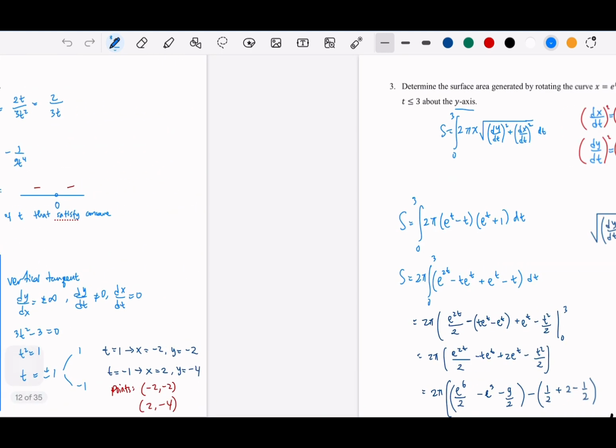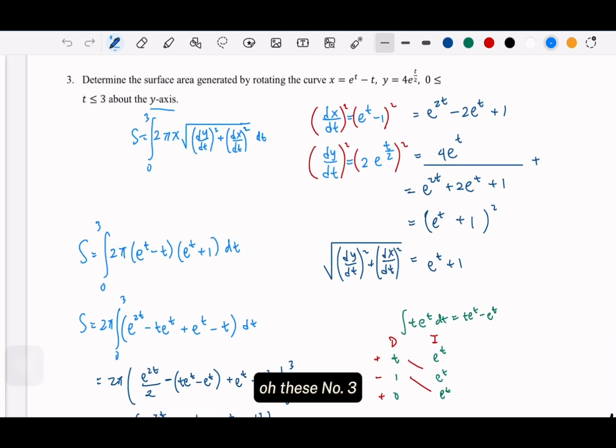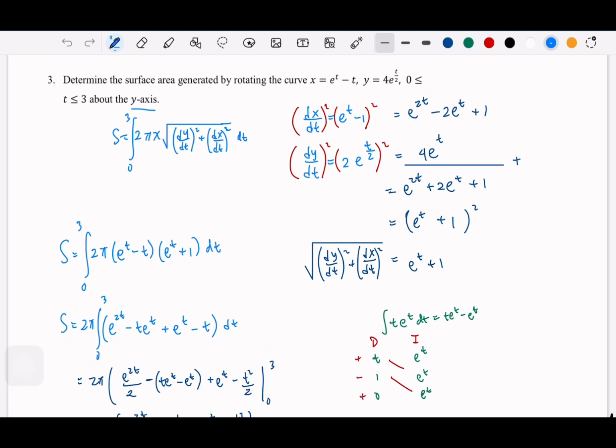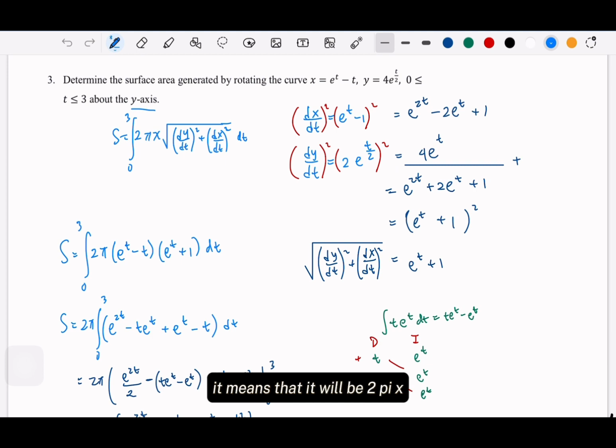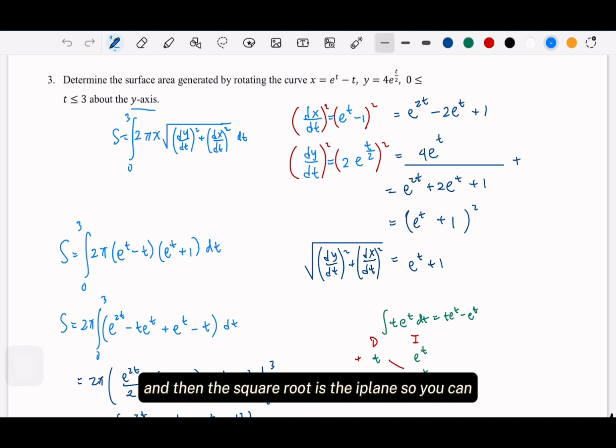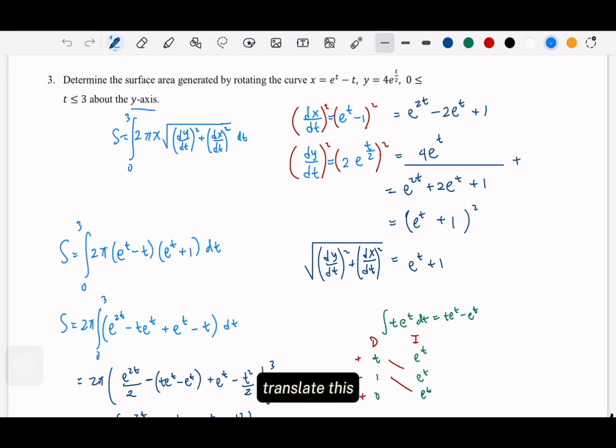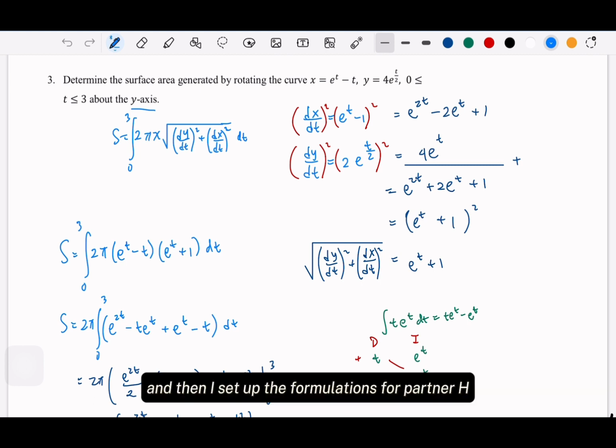What else? Oh, this number 3, the surface area. It's rotated about the y-axis. It means that it will be 2 pi x, and then the square root is the arc length. So maybe you could try to calculate the arc length first. I set up the formulation for the quadratic, which is a perfect square.